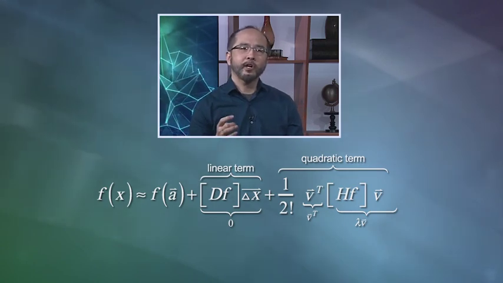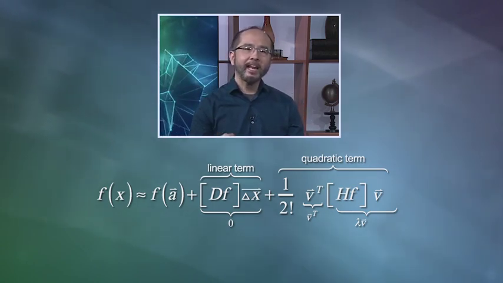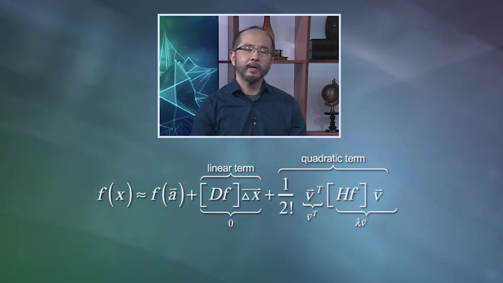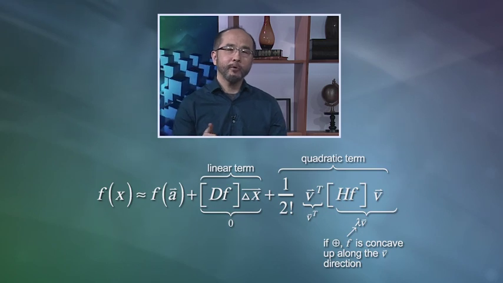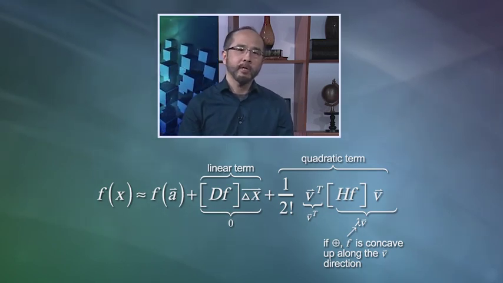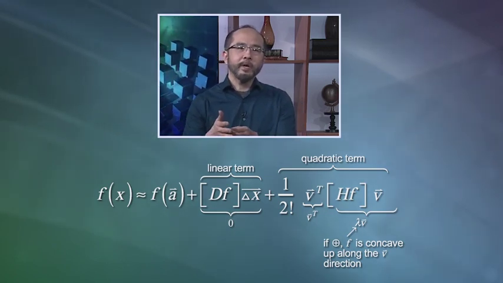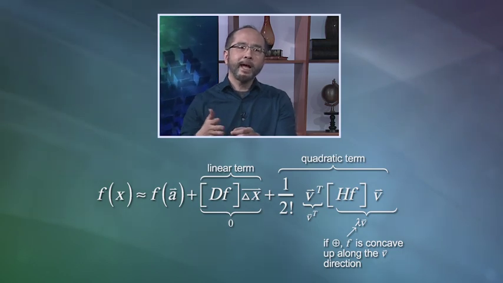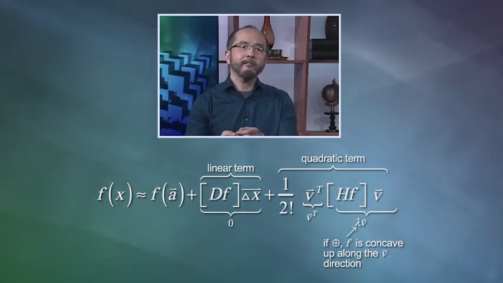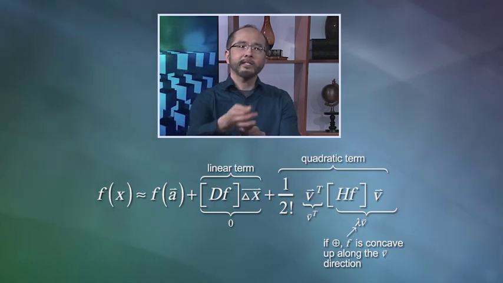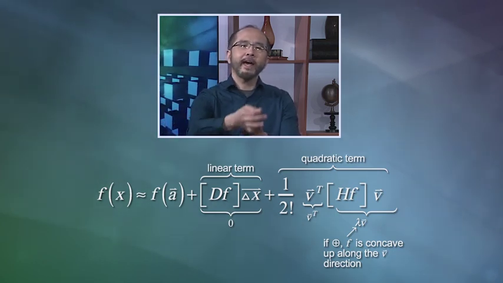So the quadratic term will be positive for any vector in lambda's eigenspace if lambda is positive, including if we negate the eigenvector. So along the eigenspace, you can roll forwards or backwards from the point a, and you'd still be increasing the value of f. It's concave up along that eigenspace.